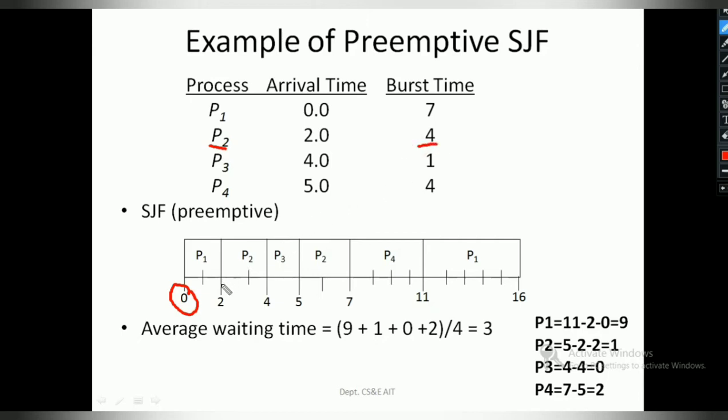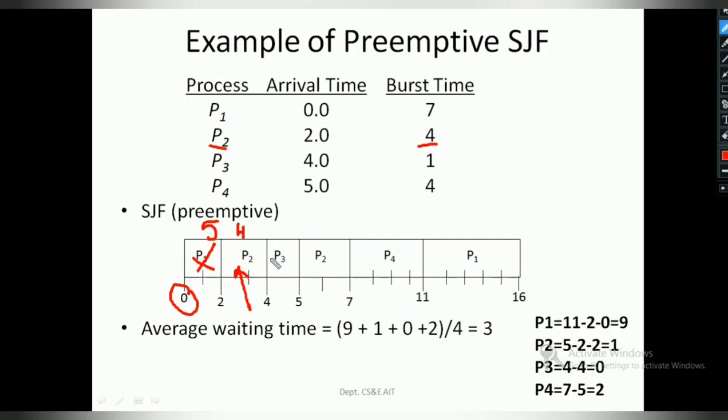Now P1 has completed 2, so the remaining burst time of P1 is 5 and the burst time of P2 is 4, which is smaller than P1. So immediately process P1 is preempted from the CPU and we assign it to process P2.